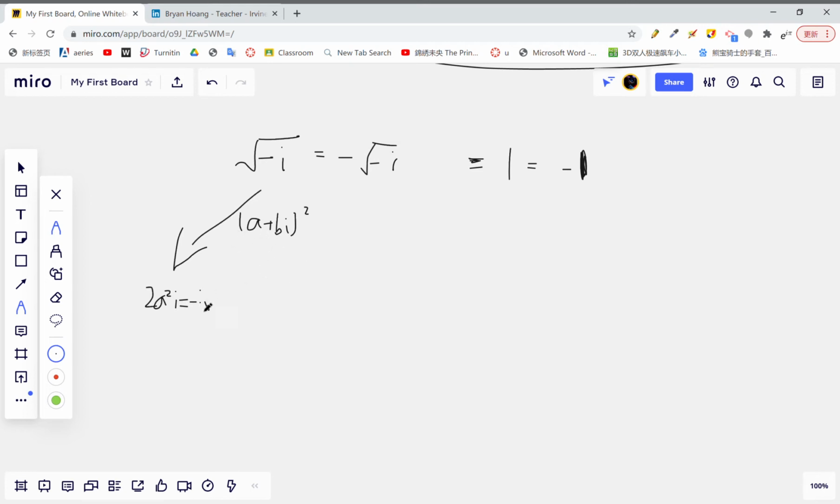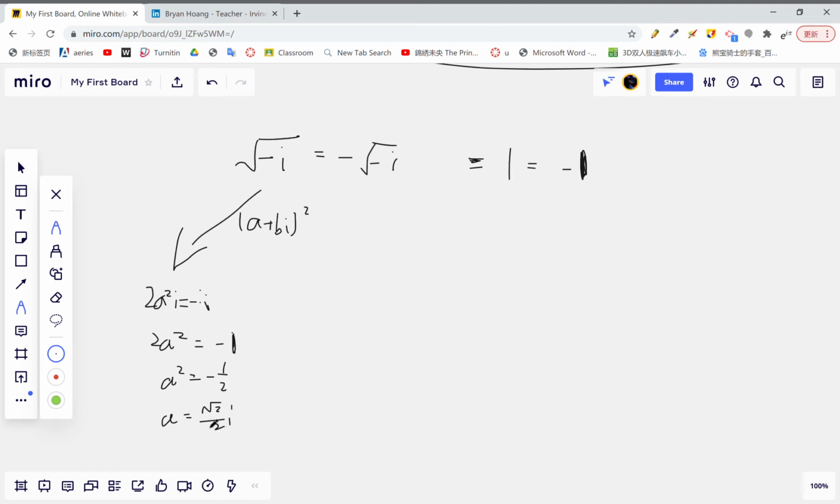So we simplify to 2a squared is equal to negative 1. Okay, so a squared is equal to negative 1/2, which means a is equal to root 2 over 2 i.